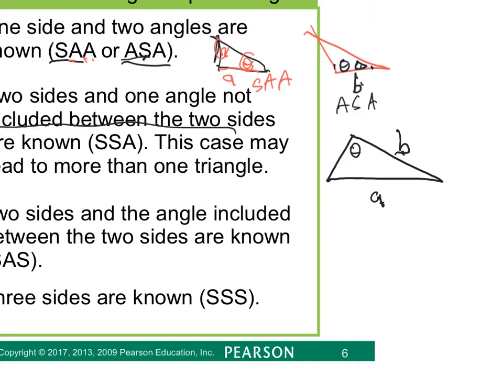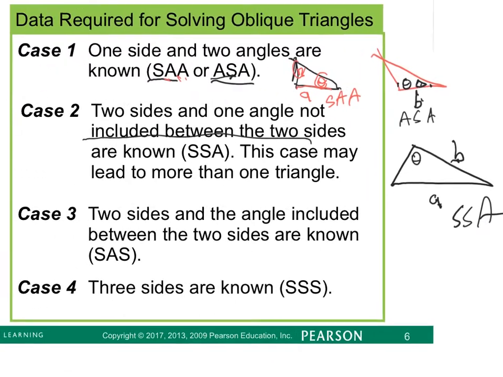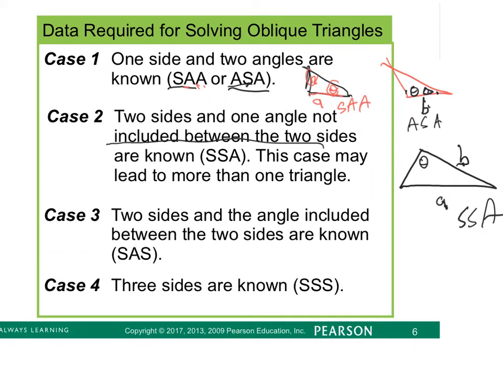Well, that triangle is noted as side, side, angle. He's not your friend because if you ever get side, side, angle, this case may have more than one triangle, and you have to find them both.